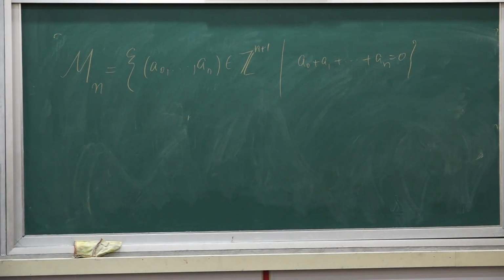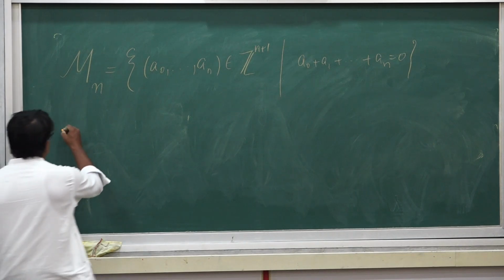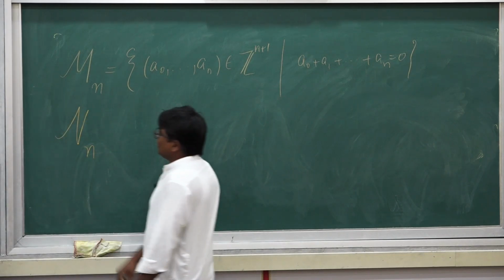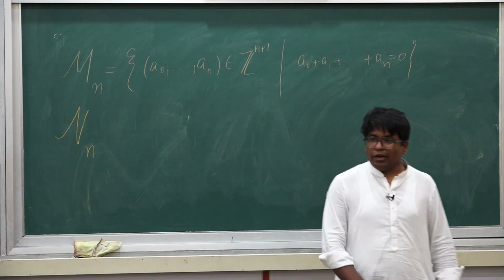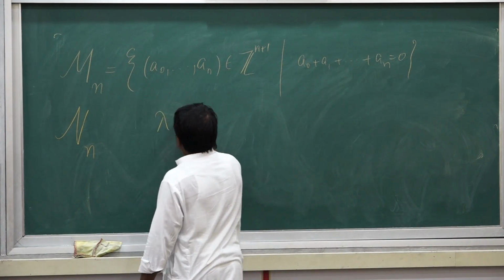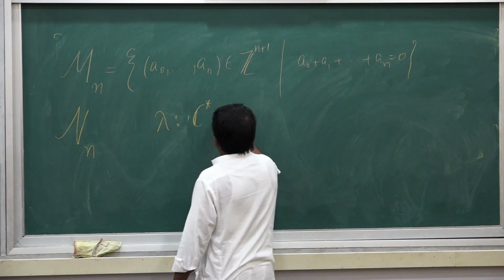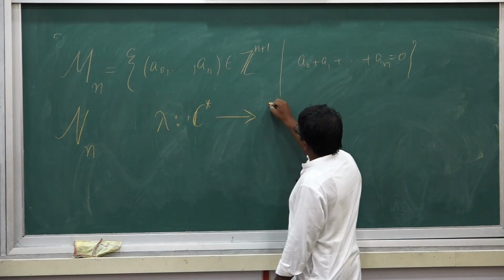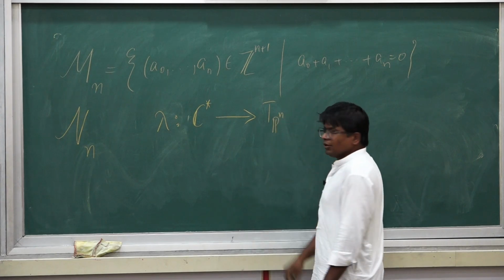And then if I want to define my N, the dual lattice to M, that would mean that I want a C star from here to Tpn.